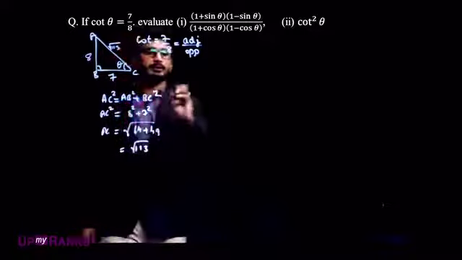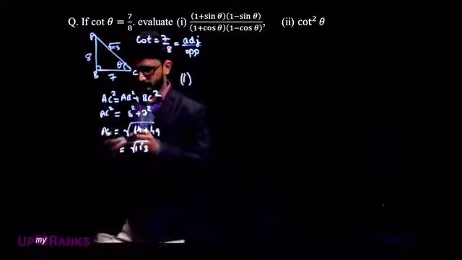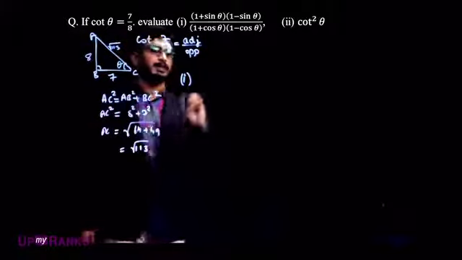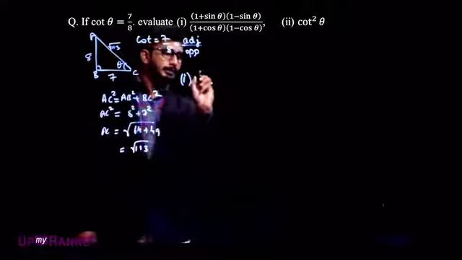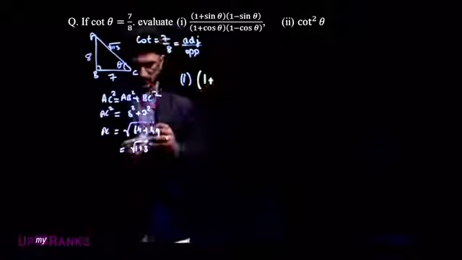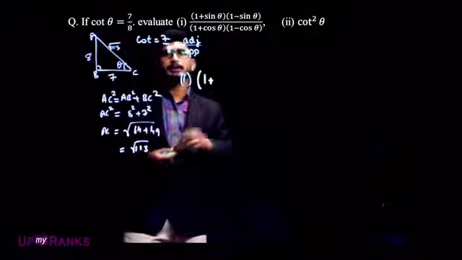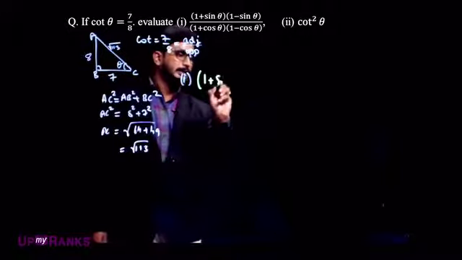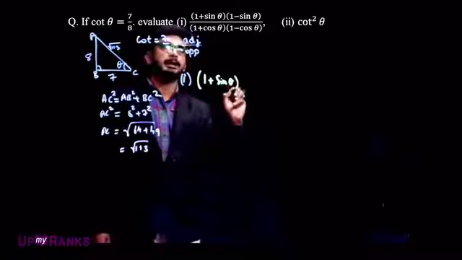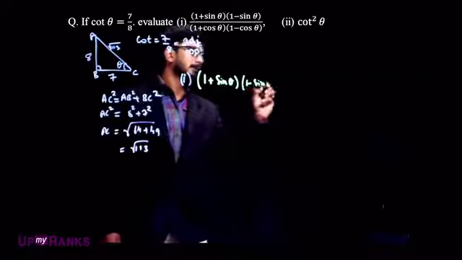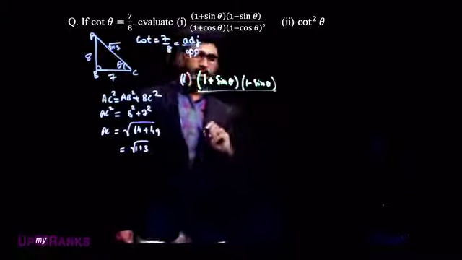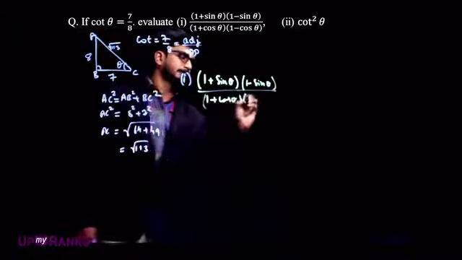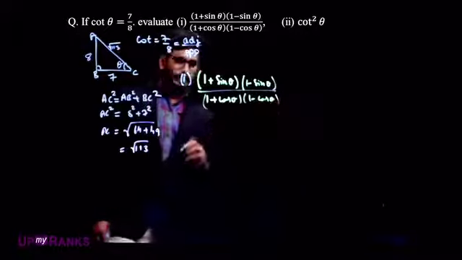Now what is the first question which is asked? The first question is: 1 plus sine theta into 1 minus sine theta divided by 1 plus cos theta into 1 minus cos theta.